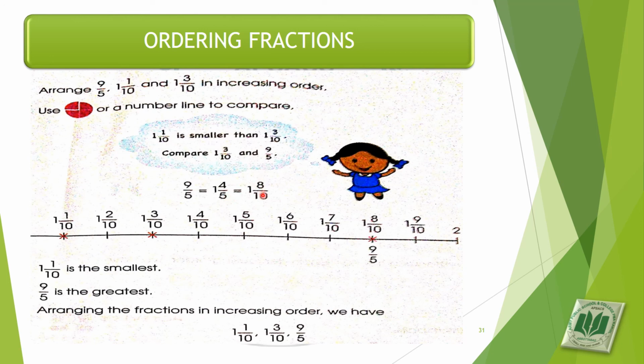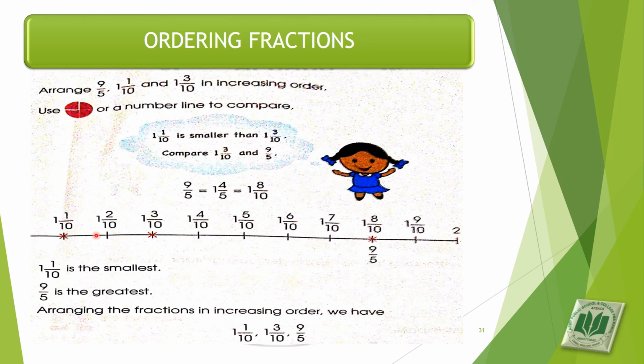Now we have got the mixed number, that is 1 whole 8 by 10. Now we are comparing 1 whole 3 by 10 and 1 whole 8 by 10. Now which is smaller? Smallest we have already found, that is 1 whole 1 by 10. Again we have to write 1 whole 3 by 10 and at the end we will write 9 by 5.